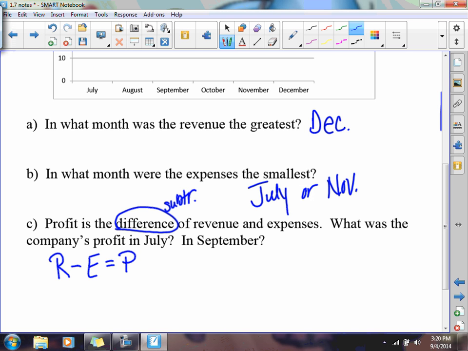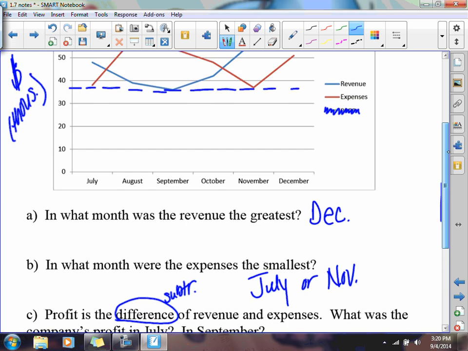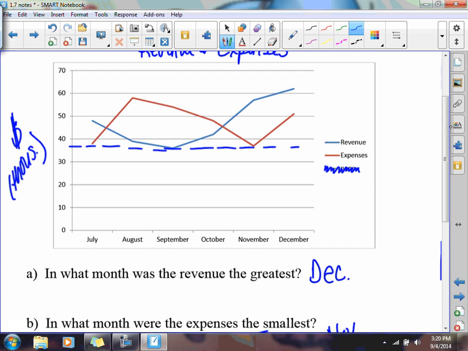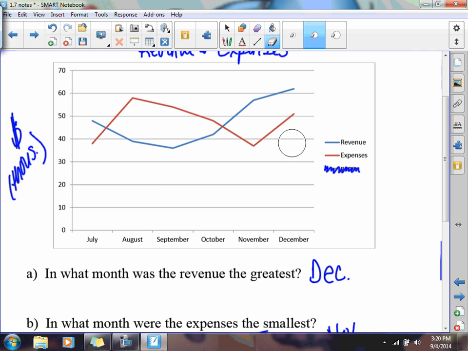Okay? So it says, what is the company's profit in July? So we're going to go up to the graph now, and we're going to interpret some data from this graph. I'm going to get rid of that blue dashed line just so it doesn't confuse us. Okay. So in July, we need to read from the line graph where the expenses and where the revenue were.